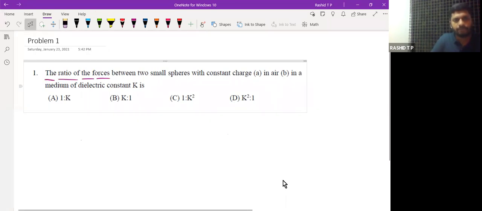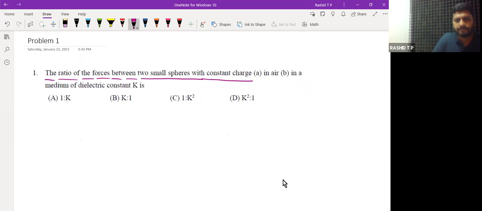The ratio of the forces between two small spheres with constant charge in air, and in a medium of dielectric constant K is.